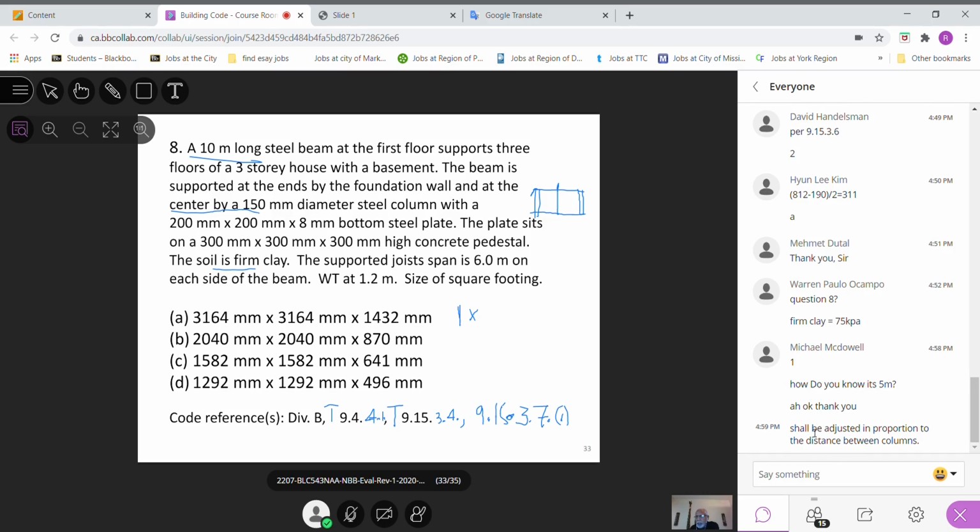Adjust it proportionately. Okay, so that tells me that on 5 meters, I have to adjust it proportionately, and 5/3 gives me 1.67 meters squared.